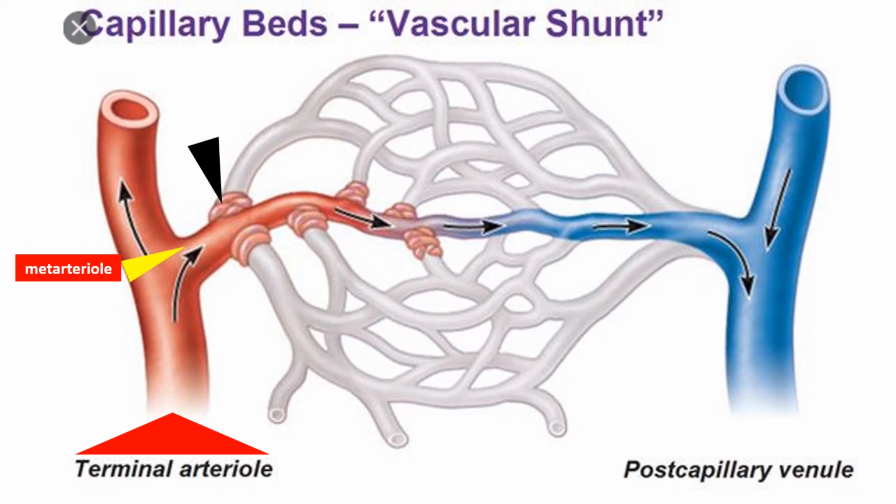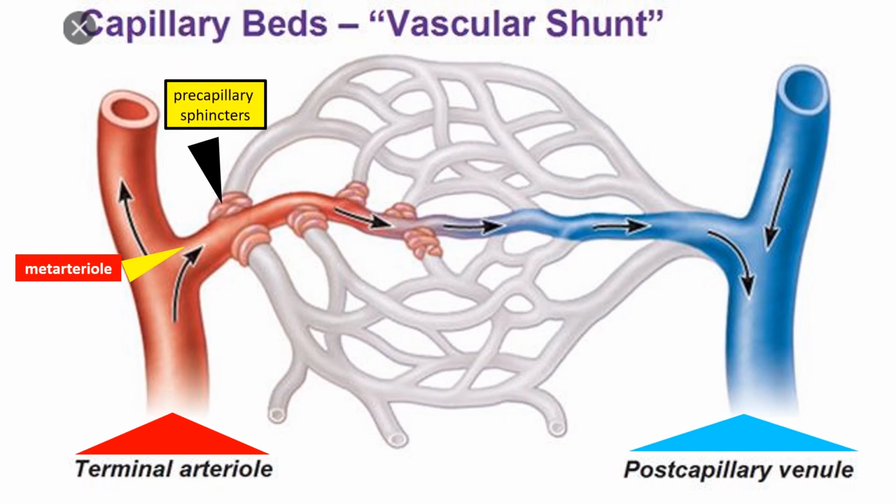What is this structure? This is a ring of smooth muscle at the very beginning of the capillaries, and this is called the pre-capillary sphincter.